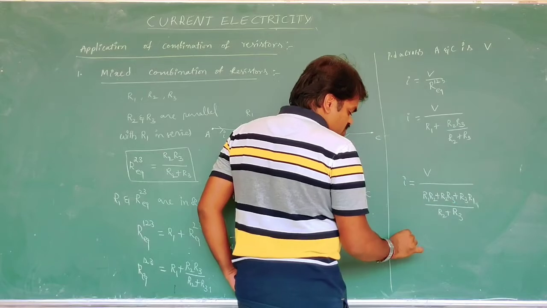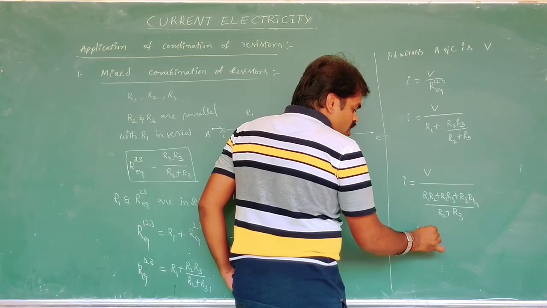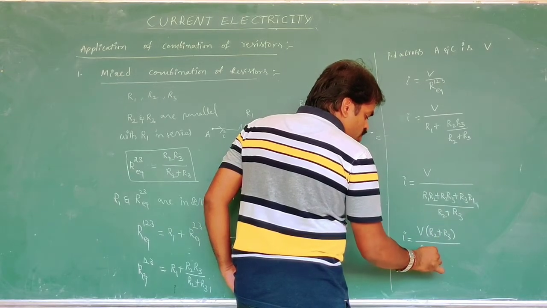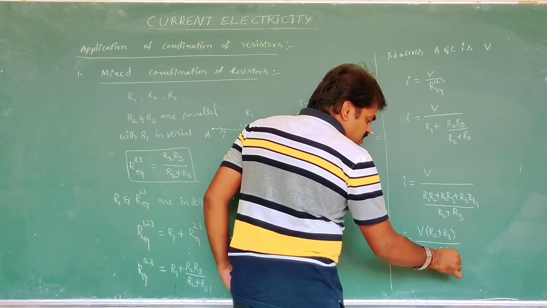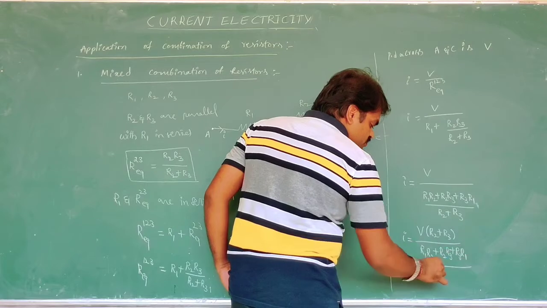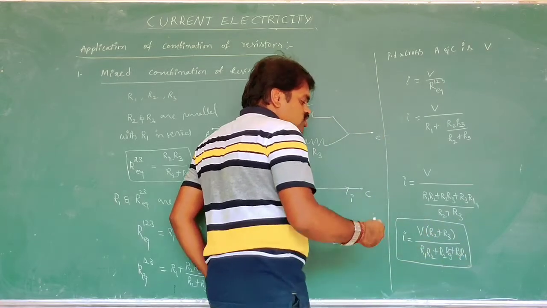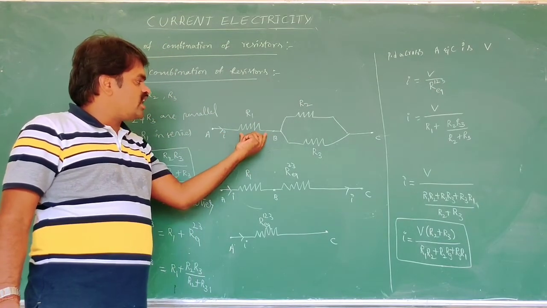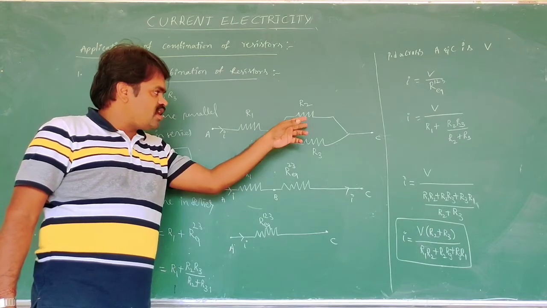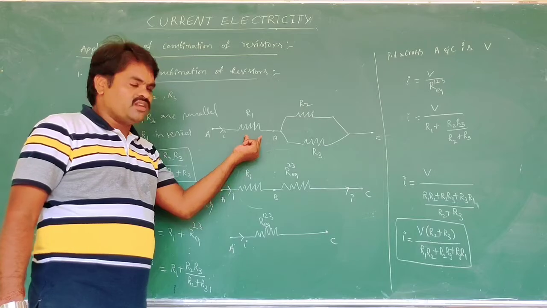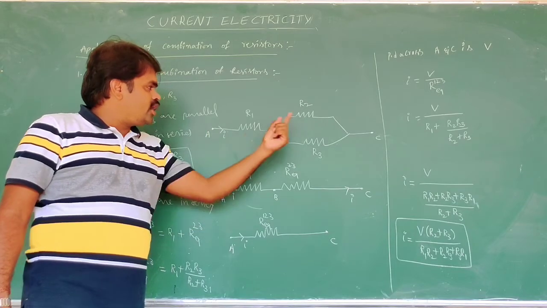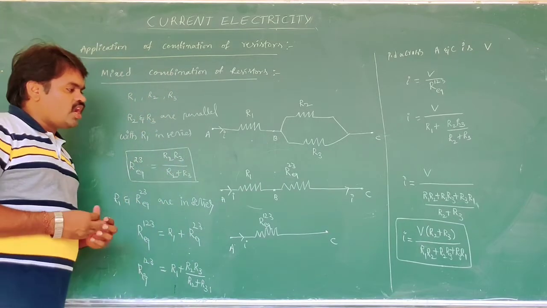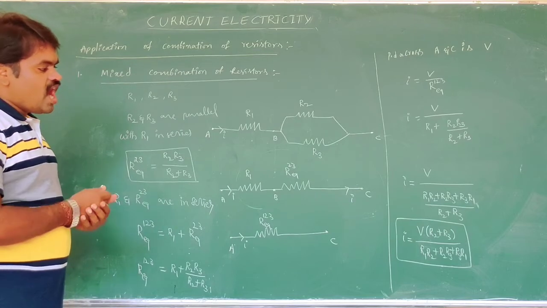Then inverting, I is equal to V times R2 plus R3 by R1 R2 plus R2 R3 plus R3 R1. This is the current in the circuit when resistors are connected in a mixed combination, with a parallel part and a series part. That means the current flowing from A to C is I equal to V times R2 plus R3 by R1 R2 plus R2 R3 plus R3 R1.